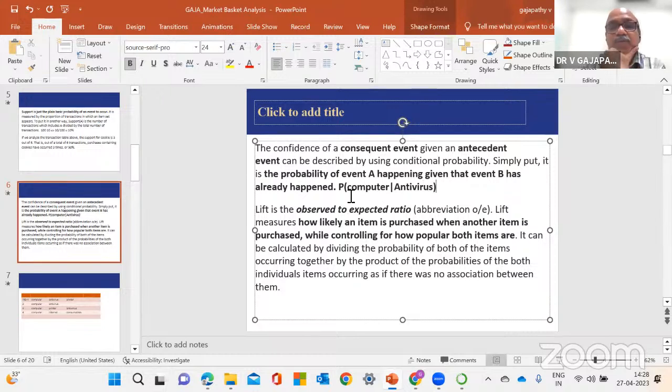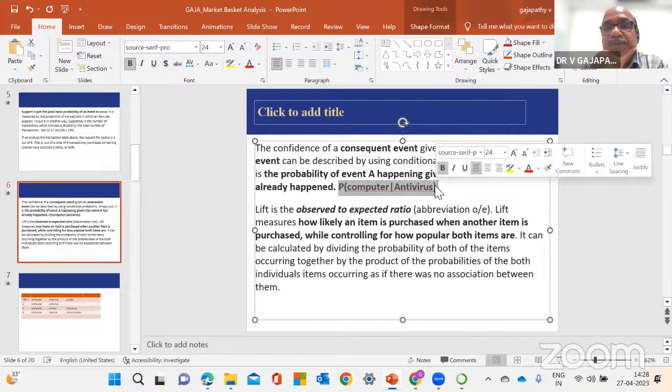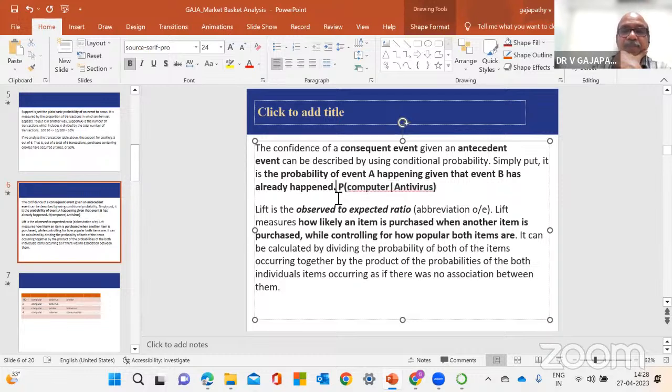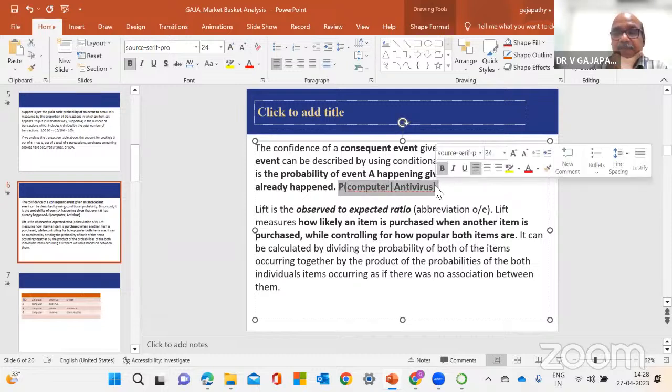How will you call this one? Probability of antivirus given computer. This is the conditional probability. If I bought a computer, then what is the probability of purchasing antivirus?